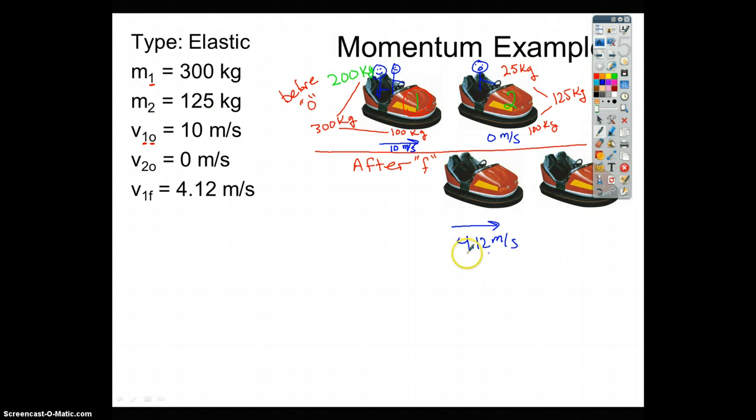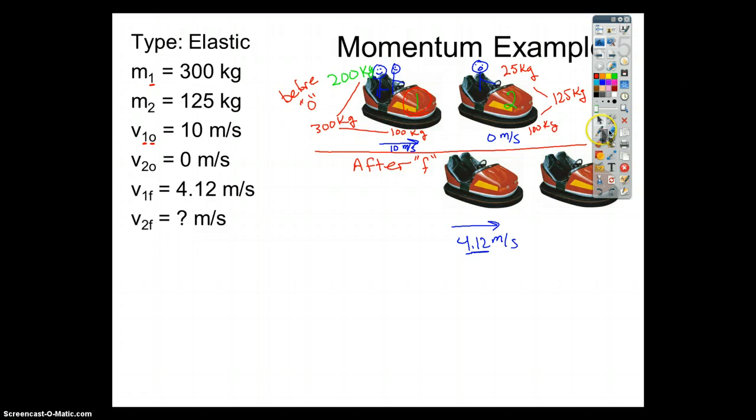Notice that they slowed down, but they didn't totally stop like in the picture we saw earlier. The final speed for the girl is what we're solving for: how fast is she pushed by the boys in that same direction. Notice that they're all going the same direction, so they all have the same sign. They're all positive.